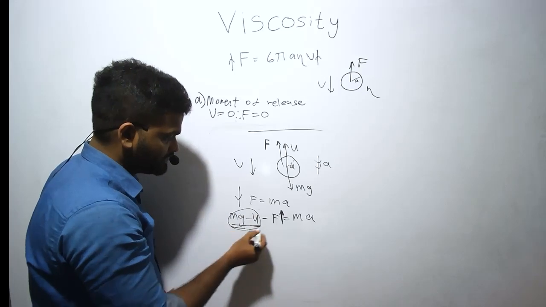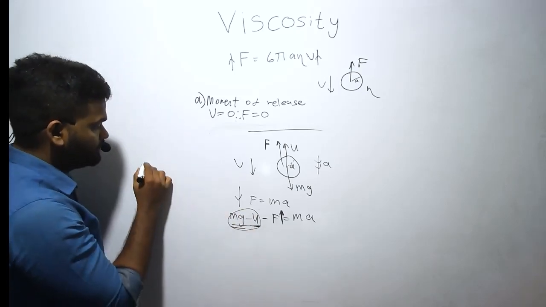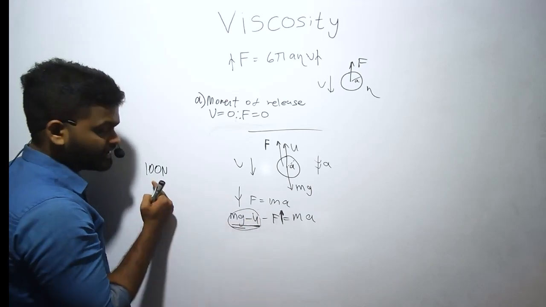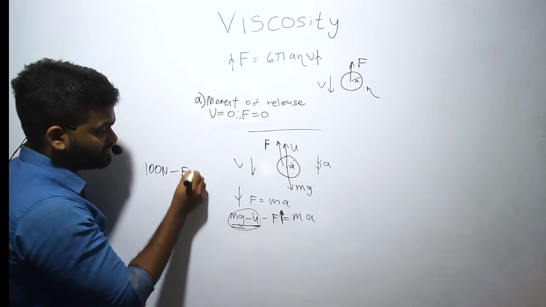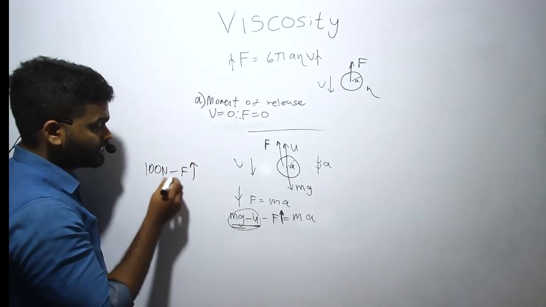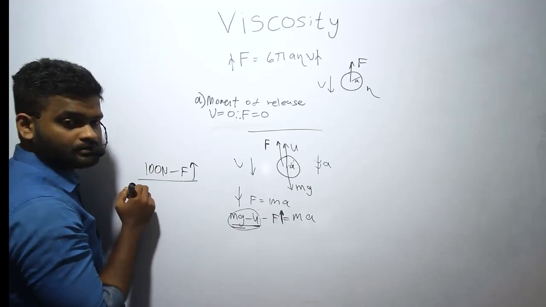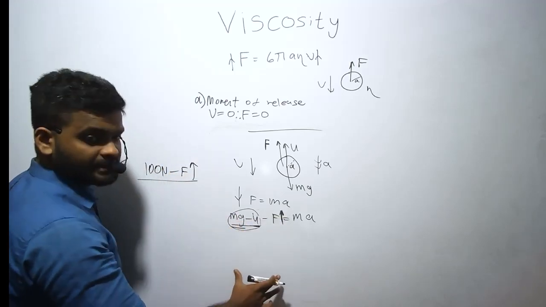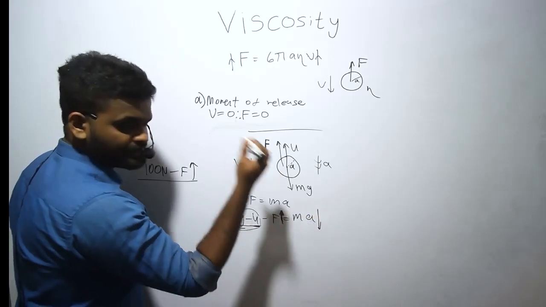This is a constant. Let's say this value is 100 Newton. When you simplify this, it is 100 Newton. But this F is increasing. What happens to the total value? The total value is decreasing, right? This whole thing is decreasing, and so is the acceleration.